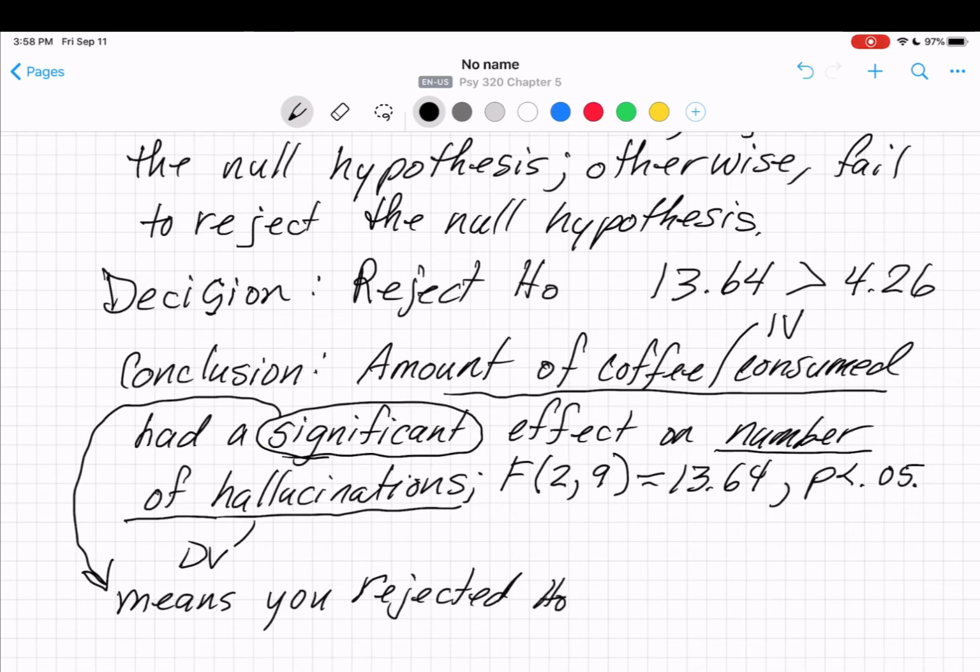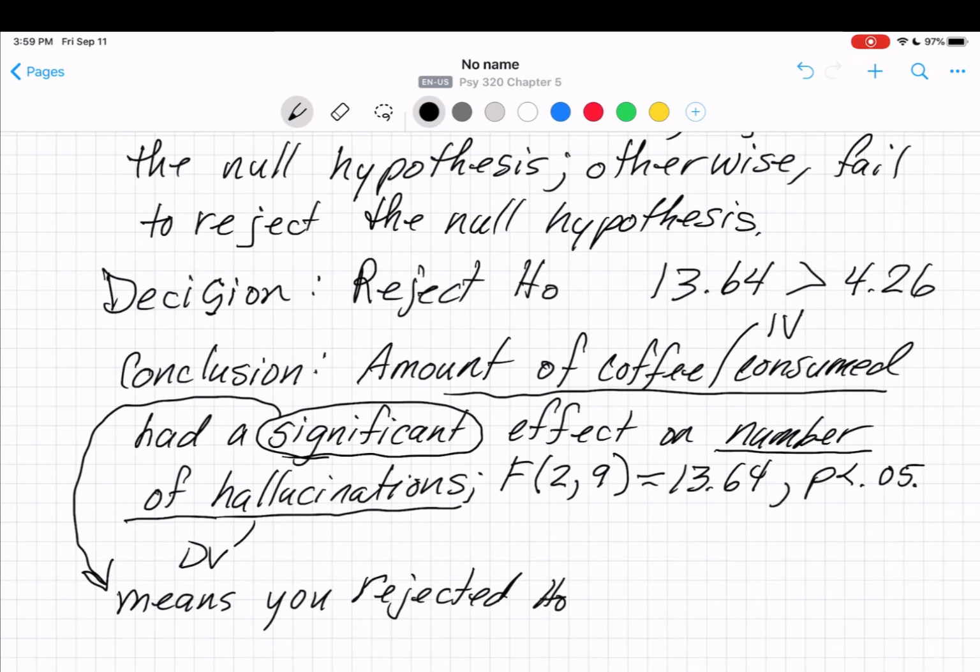Everybody familiar with statistics knows that if that word is included, the null hypothesis was rejected. If it's not included, then it's ambiguous. Did they reject it or not? So it's important to include it if you rejected the null hypothesis.